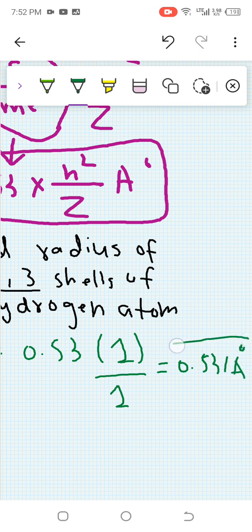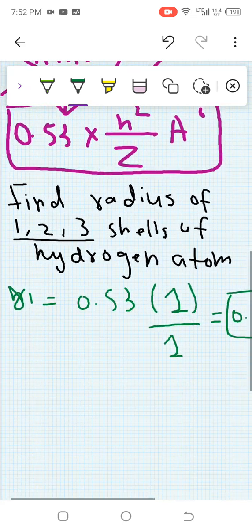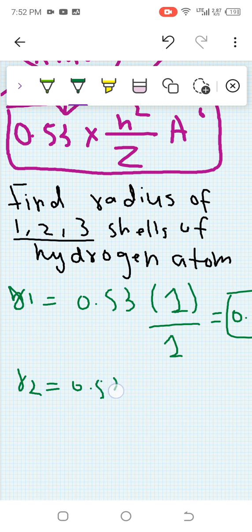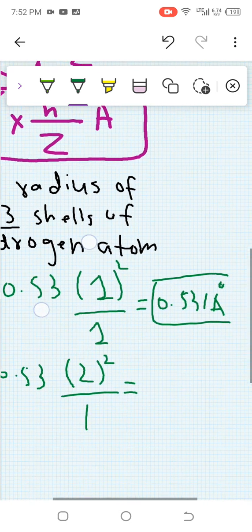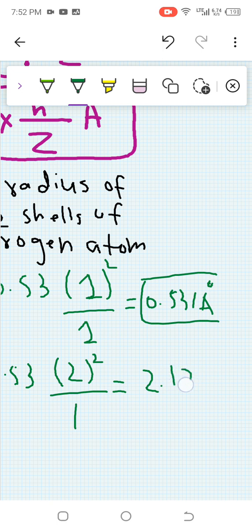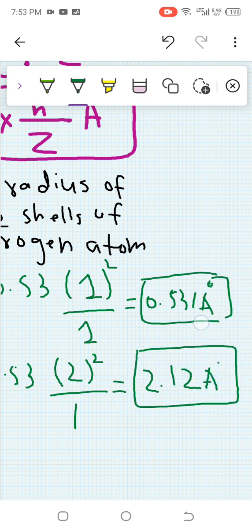This is the radius of the first shell. Now the radius of the second shell, r2, is equal to 0.53 into 2 square over 1, so that will be 2.12 angstrom. This is the radius of the second shell.